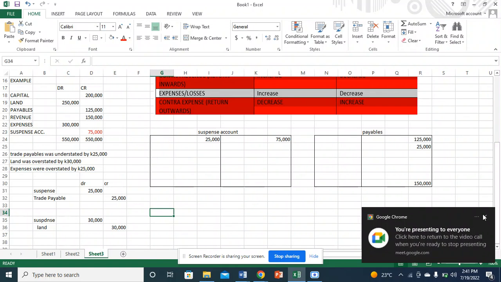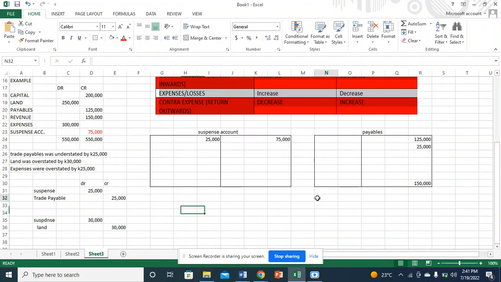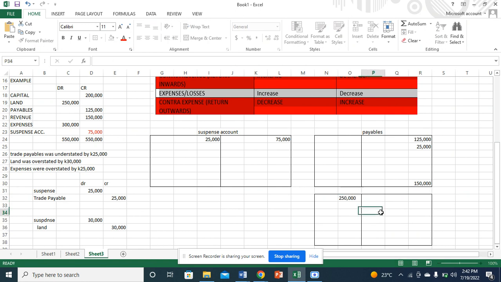So on your land T account, here it is land. We had the debit balance of 250,000. We have to reduce it by 30,000 because it was overstated by 30,000.